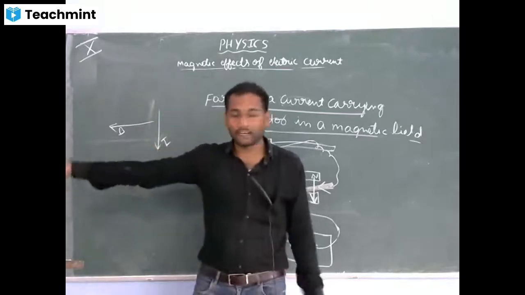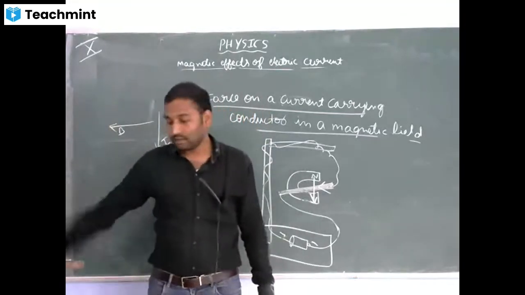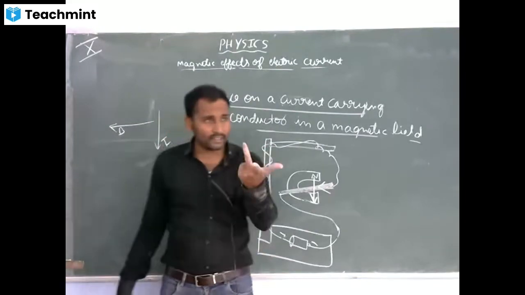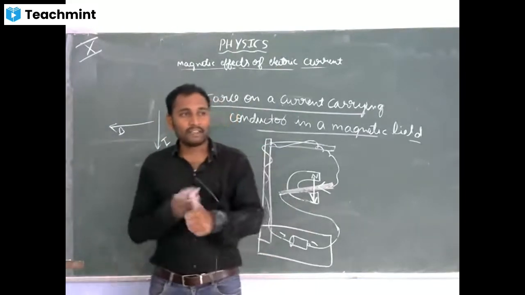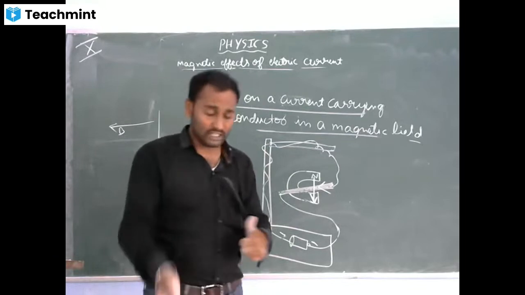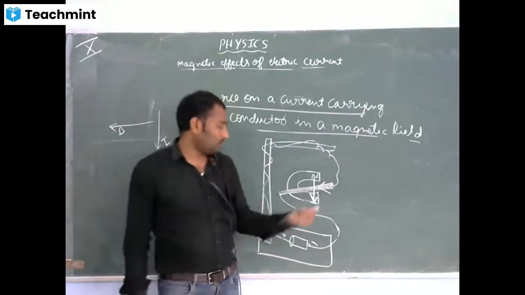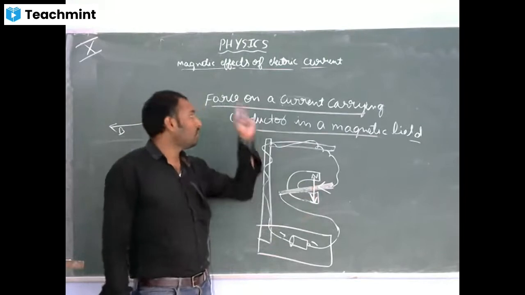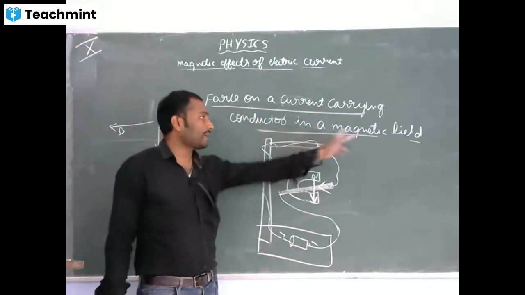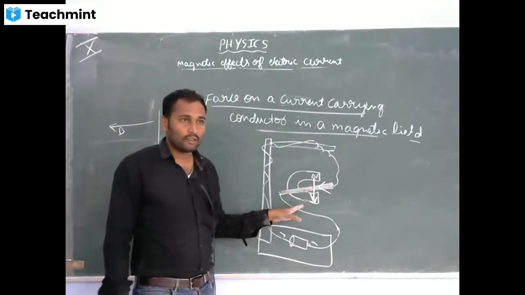Yes, very good. So you reverse the current, you reverse the magnetic field, direction of motion of conductor also reverses. Clear? So this is how force on a current carrying conductor in a magnetic field works.